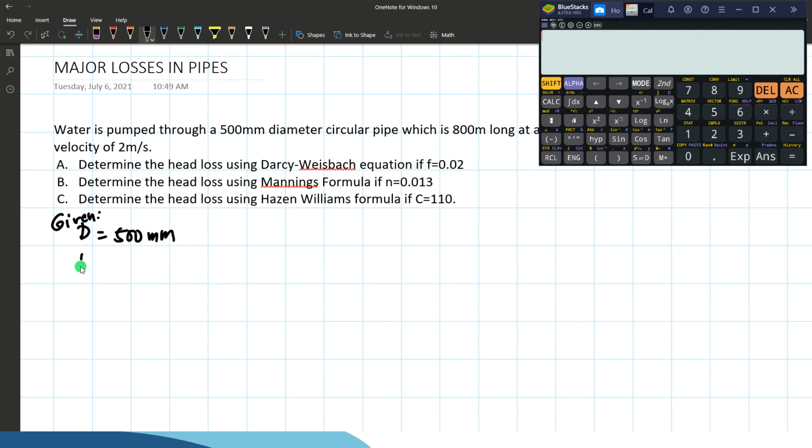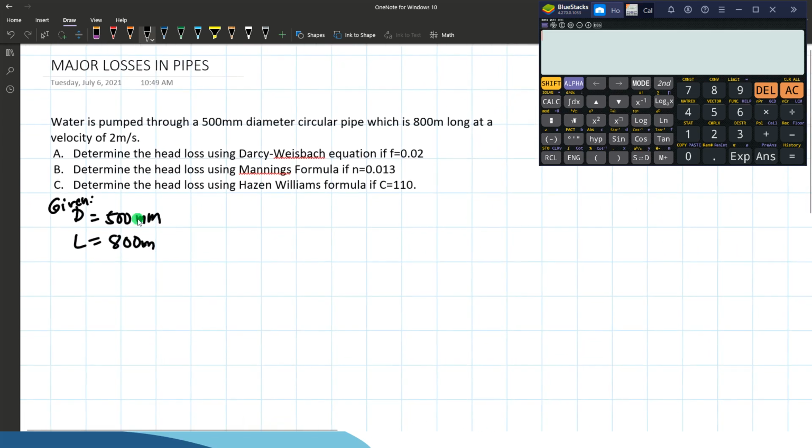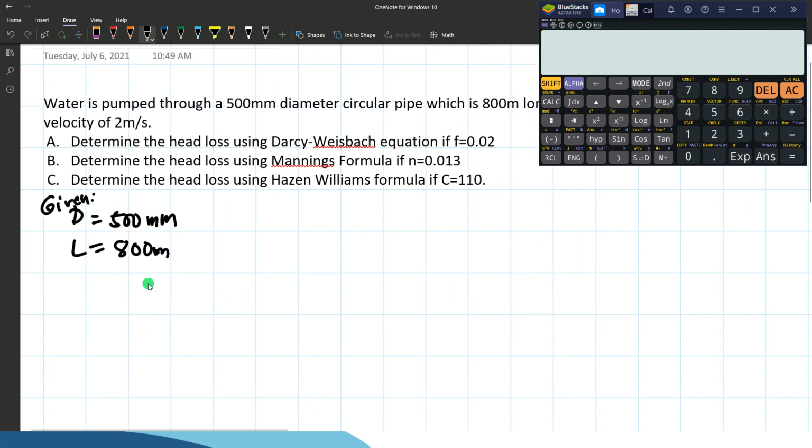It is 800 meters long at a velocity of 2 meters per second. Letter A, determine the head loss using the Darcy-Weisbach equation if we have f of 0.02.